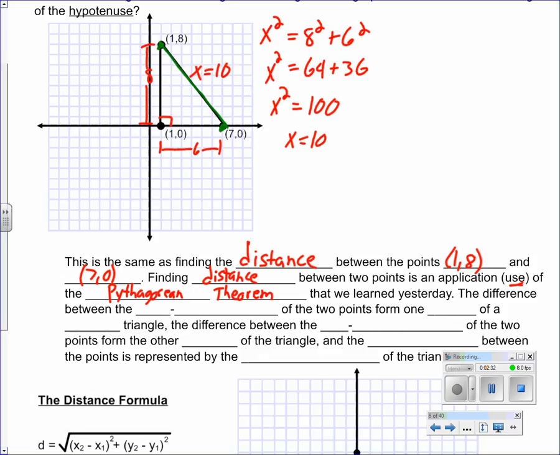So we see there's 2 legs, and the distance is the hypotenuse. So the difference, I remember that difference means subtraction. The difference between the x coordinates of the 2 points forms one of the legs of the right triangle, and the difference between the y coordinates forms the other.